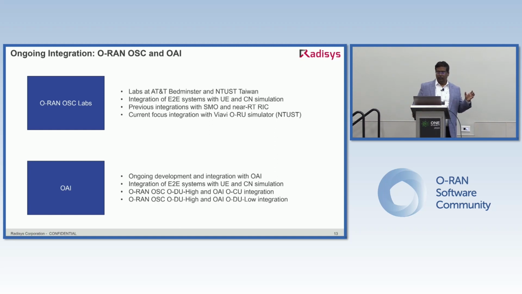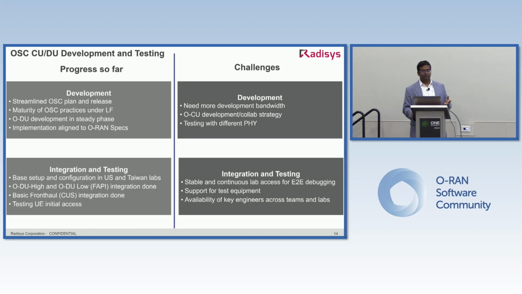And the other one is the O-DU High with the O-DU Low implementation coming from the OAI community. So this is an important milestone for us because it shows interop at multiple levels and the maturity of both implementations. So we are working towards that goal, and we will soon be wrapping up that integration.